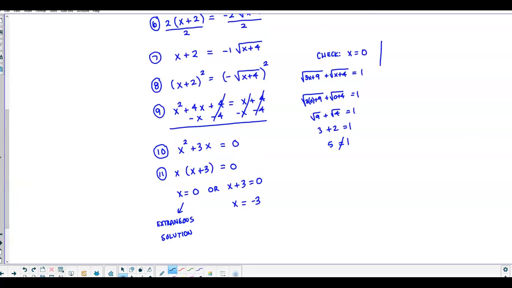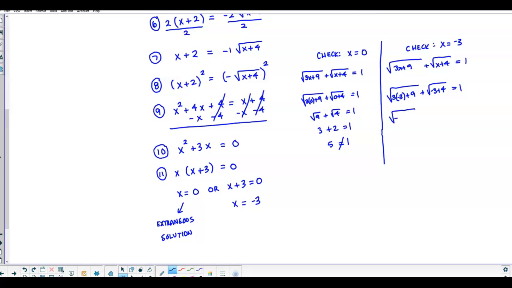So now let's try and check when x is equal to negative 3. So we have the square root again of 3x plus 9 plus the square root of x plus 4. We want to see if that's going to equal 1. So we have the square root of 3 times negative 3 plus 9 plus the square root of negative 3 plus 4.